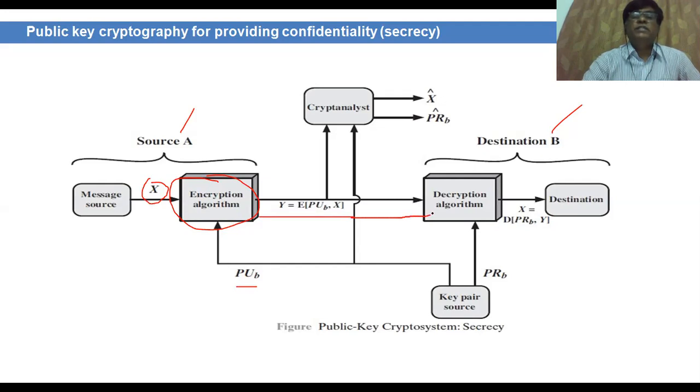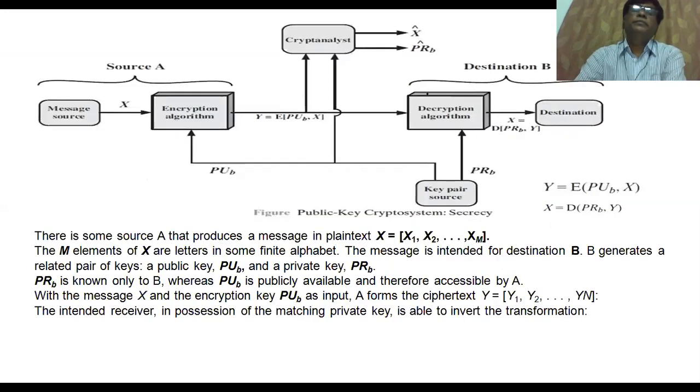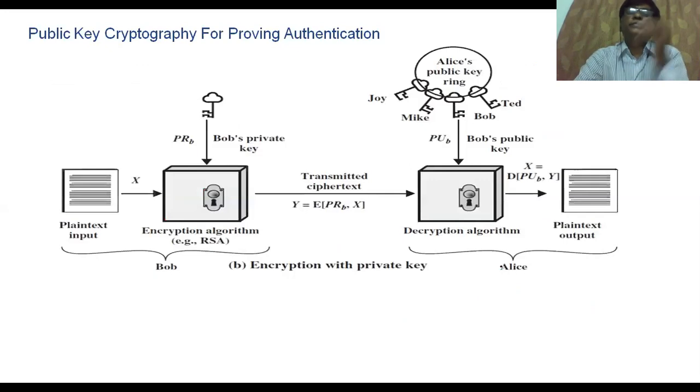The ciphertext is received by B. B performs the decryption algorithm using B's PR, meaning the private key of B, and generates the plain text. So this is the same thing.